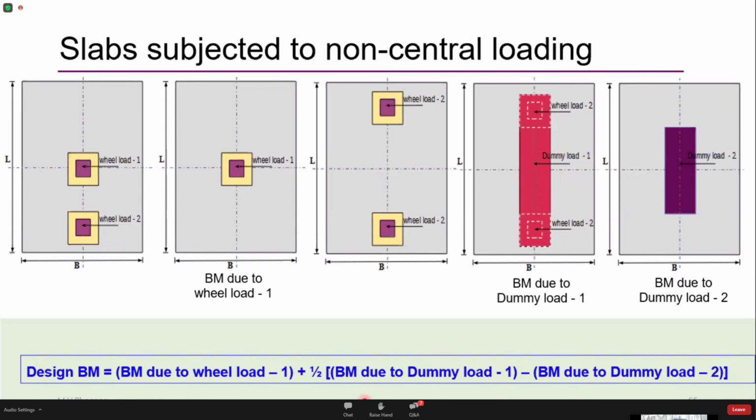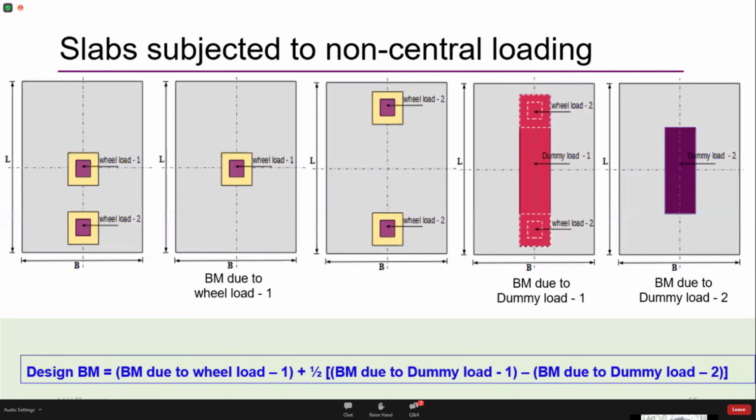So this method describes how to calculate the bending moment coefficients and bending moments for two-way slabs. The last step that remains after this is the design.